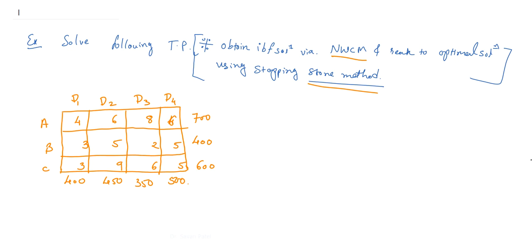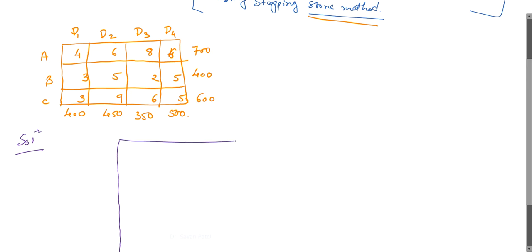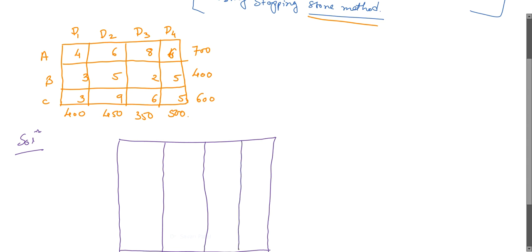Then to go towards the northwest corner method, first of all you have to write this in a proper, larger tabular form, so we can allocate the transportation. Rows A, B, C; columns D1, D2, D3, D4.